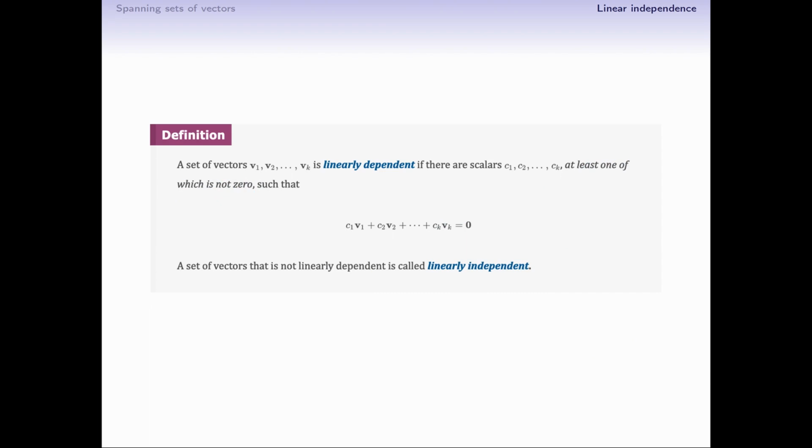A set of vectors that is not linearly dependent is called linearly independent. Now, the reason why we have to pay special attention to this little clause here, at least one of which is not 0, is for the following reason. There's always a way to form a linear combination of these vectors that produces the 0 vector, and that's by taking the trivial choice. C1 is equal to 0, C2 is equal to 0, and ck is equal to 0.